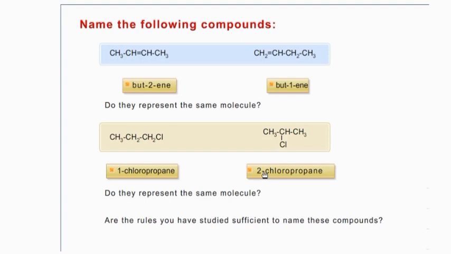So you have already learned a set of rules. The question is, are the rules you have studied sufficient to name these compounds? Do you need some more rules so that you can perfectly name the isomers of organic compounds? So we are focusing on these rules hereafter.